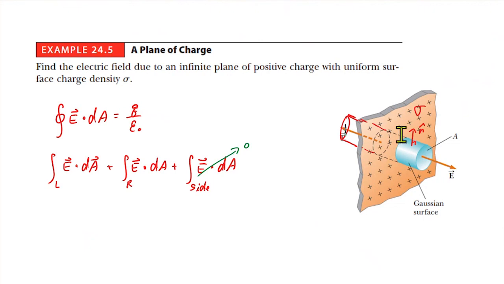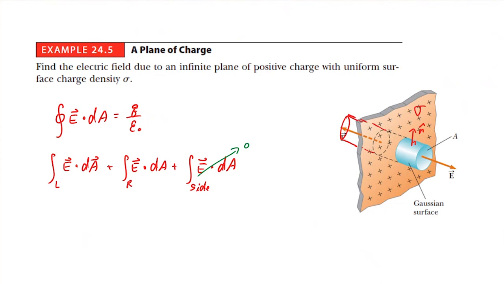So two circles and the lateral area. Yes. When it's closed on all sides, it can't be a circle in 2D, right? It has to be 3D and an enclosed surface. That's the requirement for a Gaussian surface. So this one has the left, right, and then lateral.